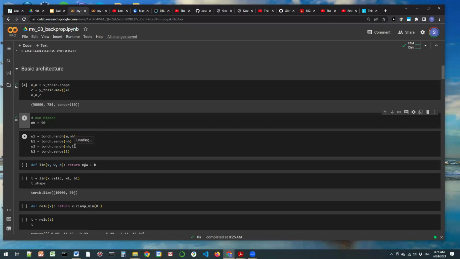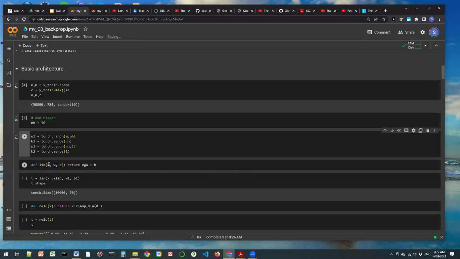As I mentioned, the particular neural network we are looking at currently is one that produces a single value. And again, we initialize B2, which is the bias for the second linear layer, with zeros, which essentially initializes the biases to be zeros and the weights to be some random values. The weights are matrices, as are the biases, but the shapes are as shown here.